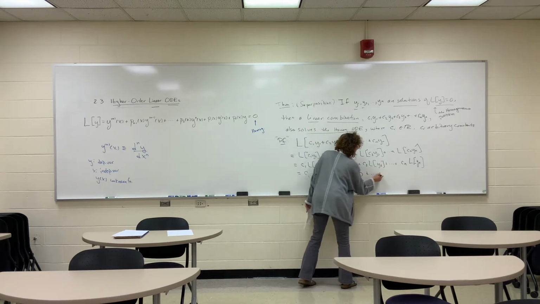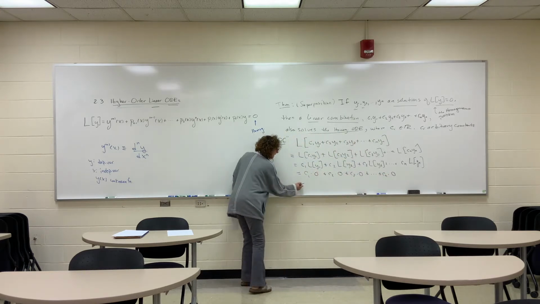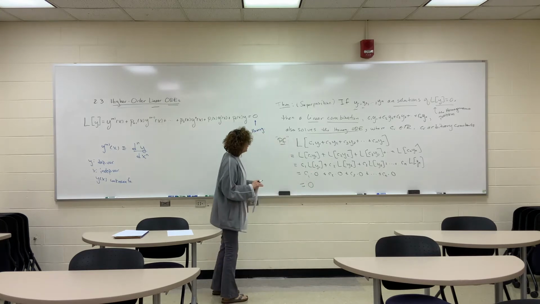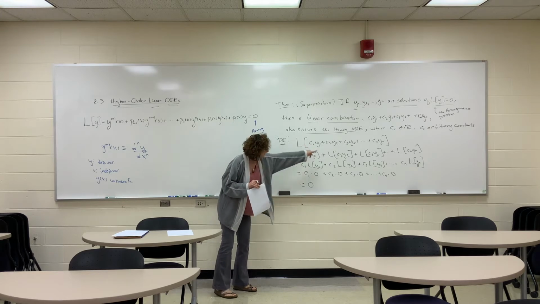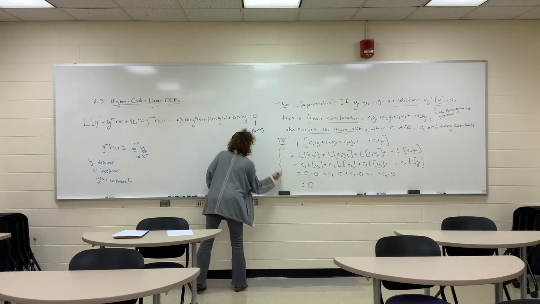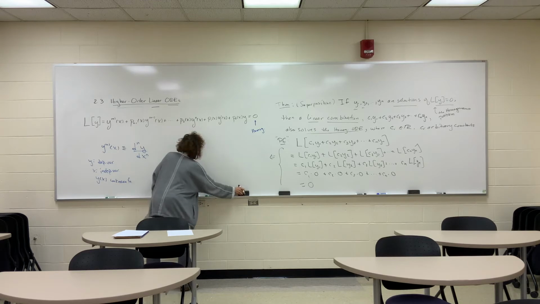All of these guys are solutions of the homogeneous problem. And so what do I get? These C's are constants. Everyone's multiplied by a 0. I get that L of that stuff is 0. And therefore, all of that stuff is a solution of the differential equation. Therefore, y equals c1y1.